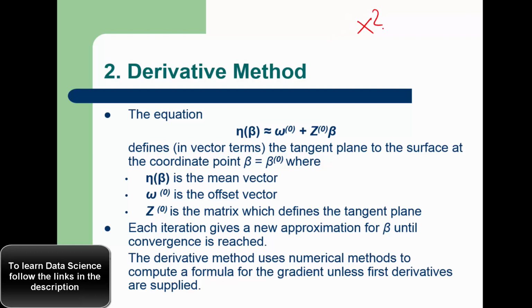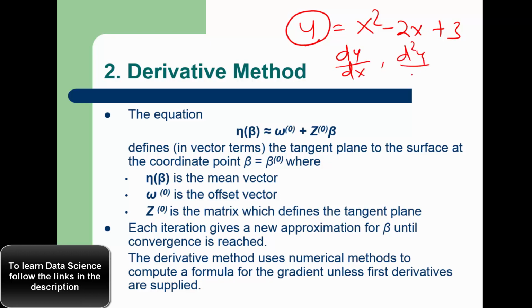For instance, if you have x square minus 2x plus 3 and that's y, you can actually find out the minimum value of y by taking the first derivative with respect to x and then the second derivative, and seeing if it is negative or positive, and then put that value of x at that point and you get the minimum value of y. So that's what we have learned in school calculus, right? That's exactly what is being used here.